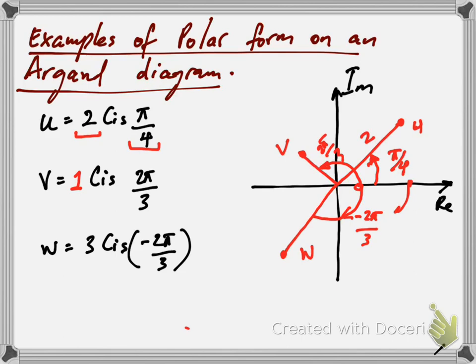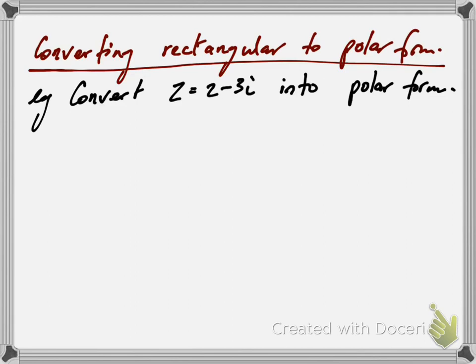Cool. Let's have a look at converting rectangular to polar. Alright, so let's convert 2 minus 3i into polar form. So firstly, what you should do is actually draw an Argand diagram.